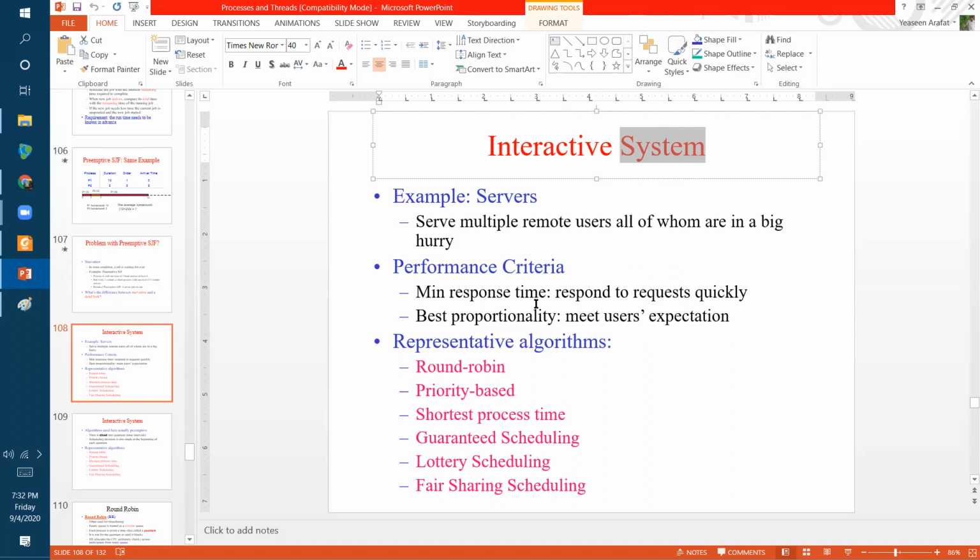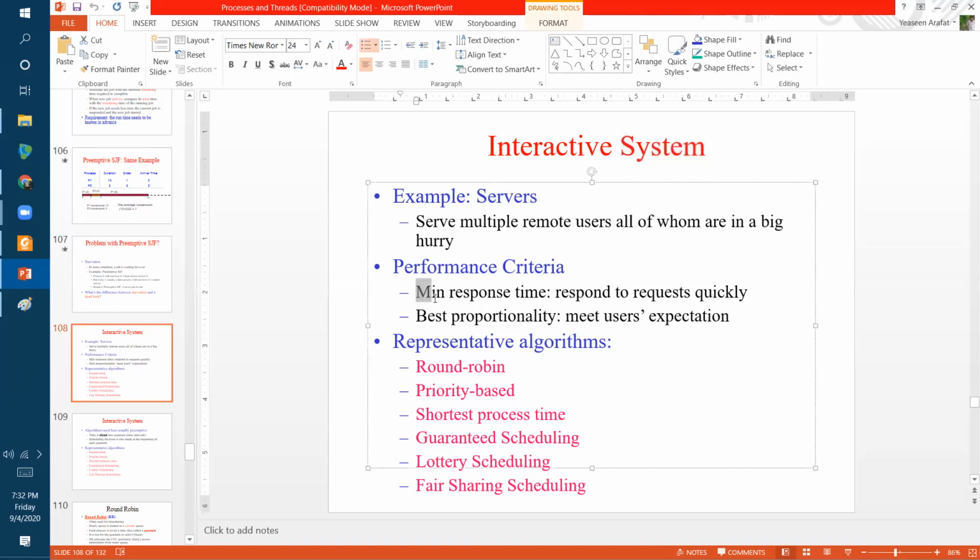We learned this in the last lecture, in the beginning part. In an interactive system, minimum response time is very important.